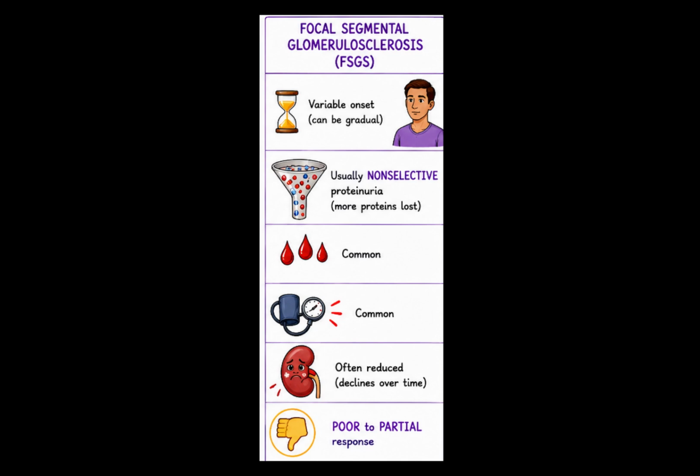FSGS is more likely to present with hematuria, hypertension, and reduced kidney function, and responds less well to steroids. MGN usually presents in adults with non-selective proteinuria and relatively preserved kidney function early in the disease. The steroid response is also generally poor.